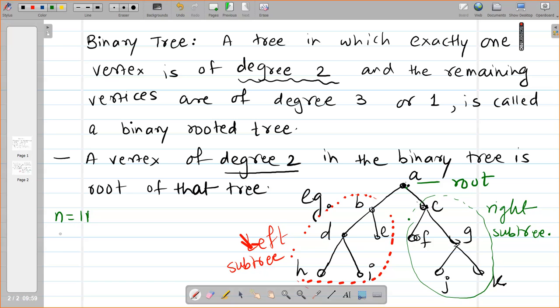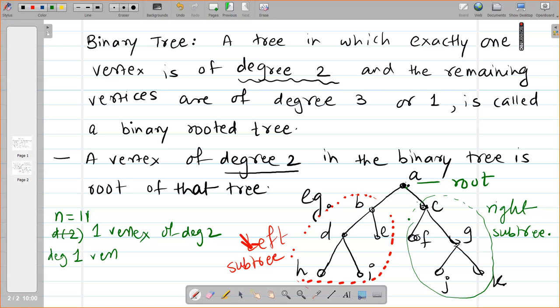How many vertices of degree 2 are there? 1 vertex of degree 2, right? How many vertices are of degree 1?